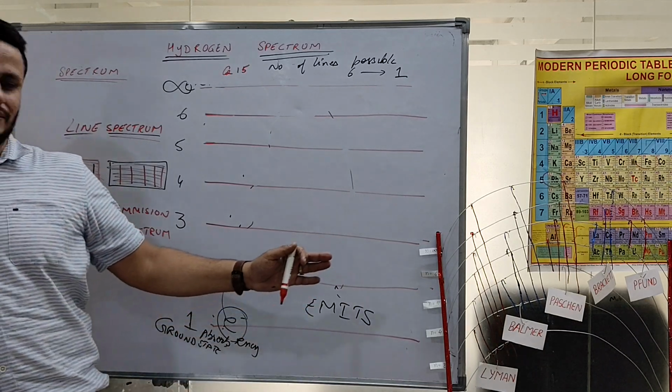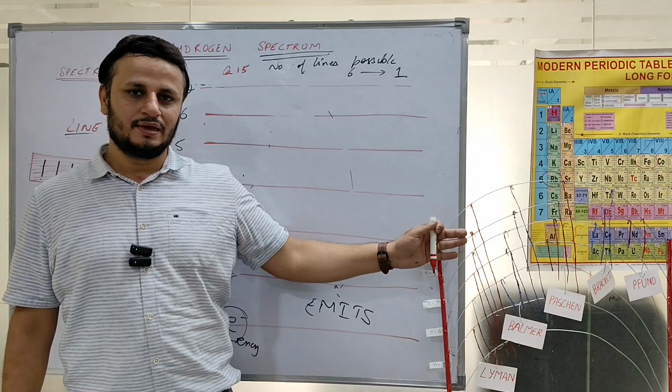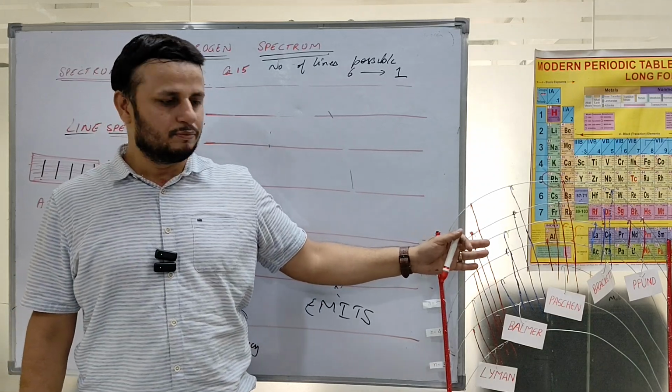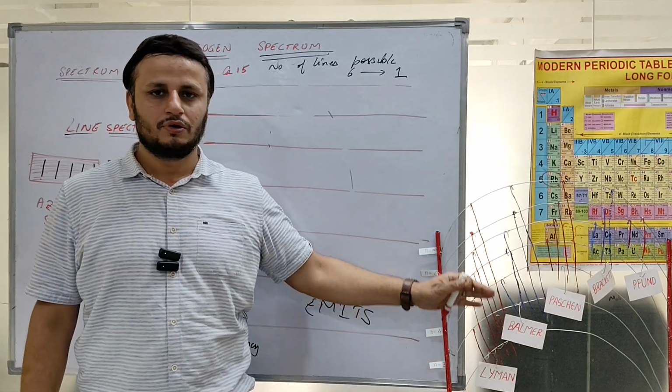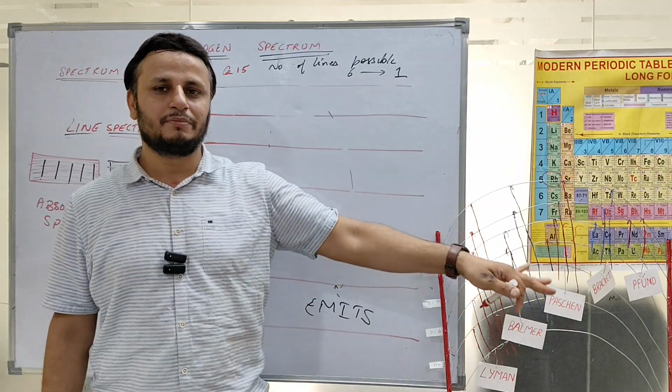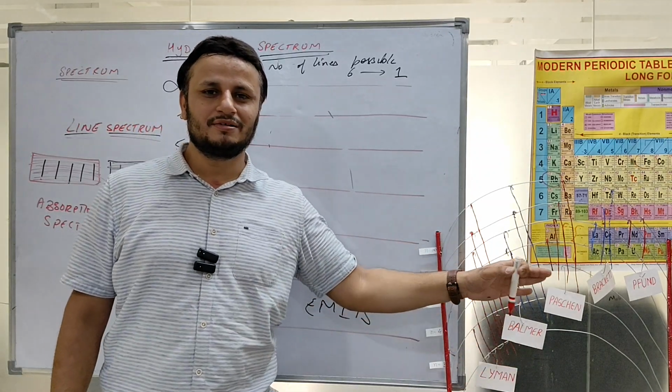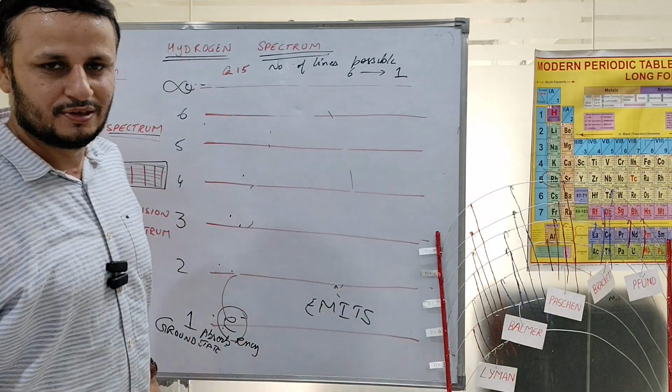So as we discussed, electron can move directly to first or it can move step by step. So there are more possible lines.